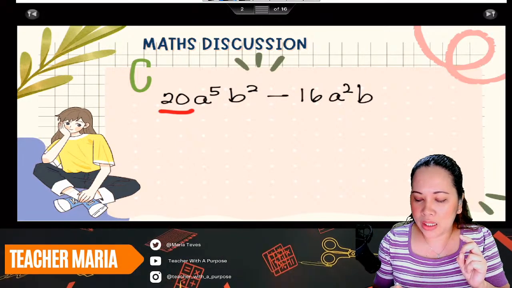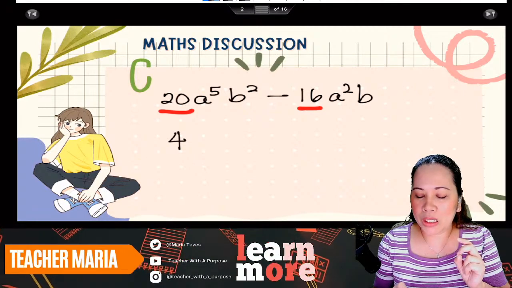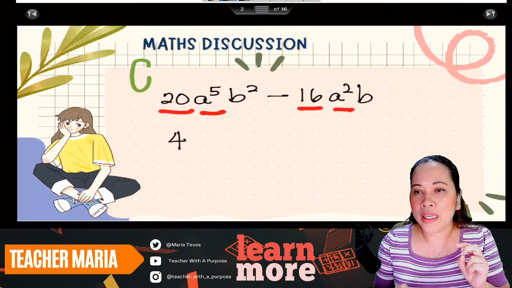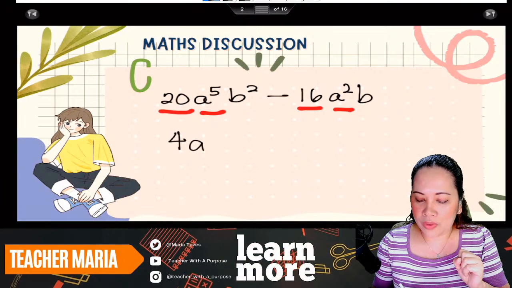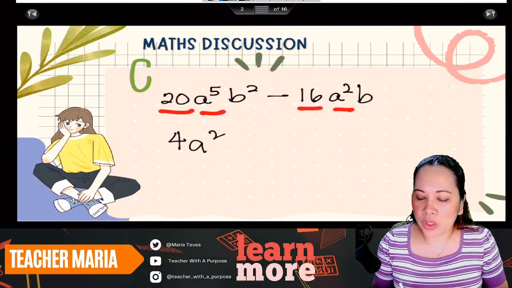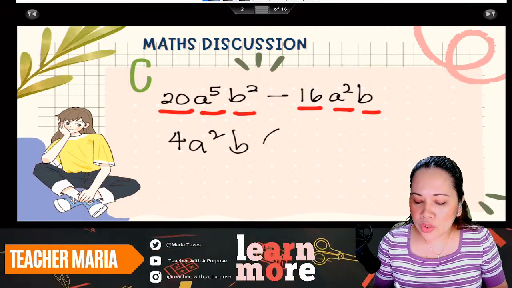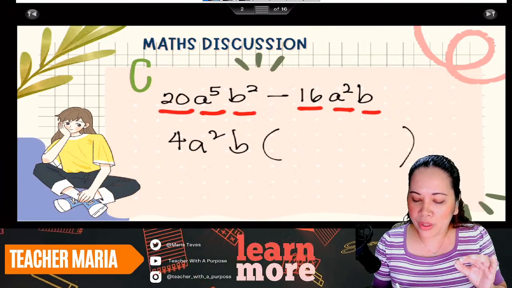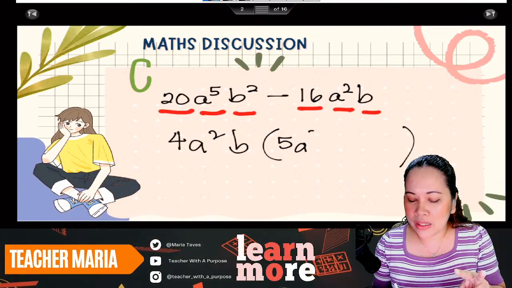And then between a to the fifth and a squared, that is actually a squared. That's the lowest that you have. And then between b squared and b, that's actually a b. So then you have your open brackets. 20 divided by 4 is 5. Since you have taken out a squared, what is left is a cubed.